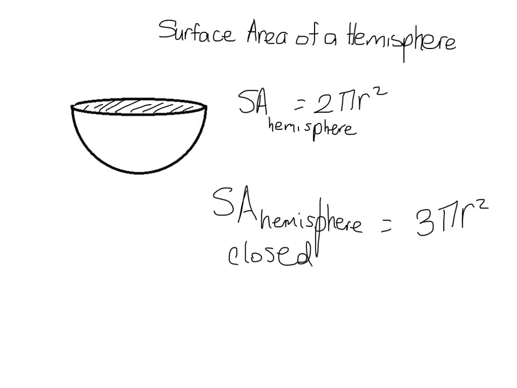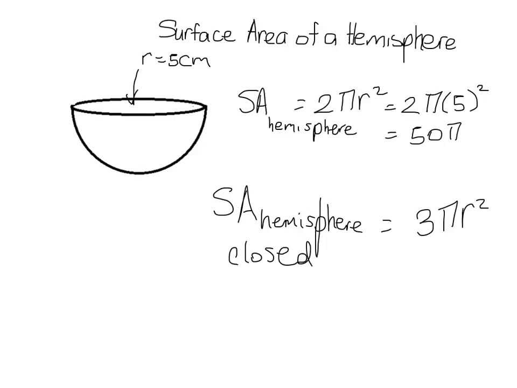So in this particular example, let's say our radius is still 5. R equals 5 centimeters. And we want to find the surface area of, let's do first an open hemisphere. So the open hemisphere would be equal to 2 pi 5 squared, which would give us 50 pi centimeters squared.